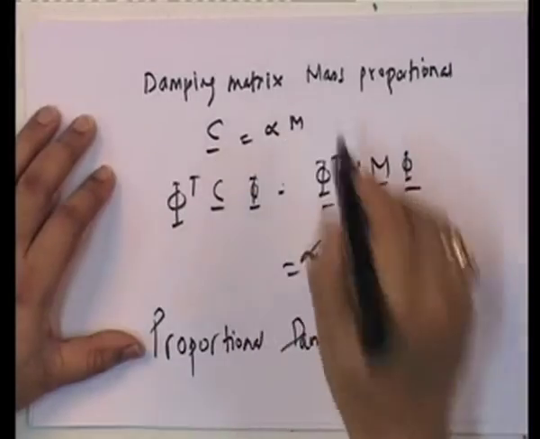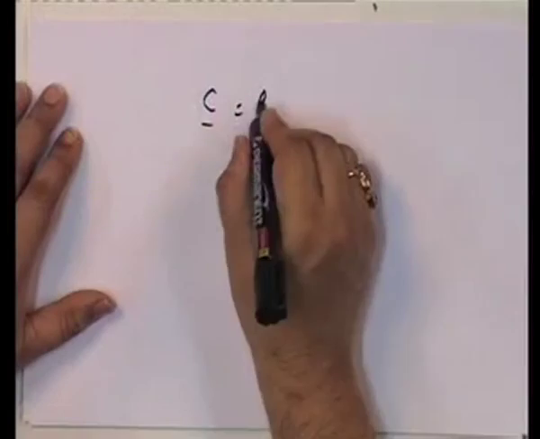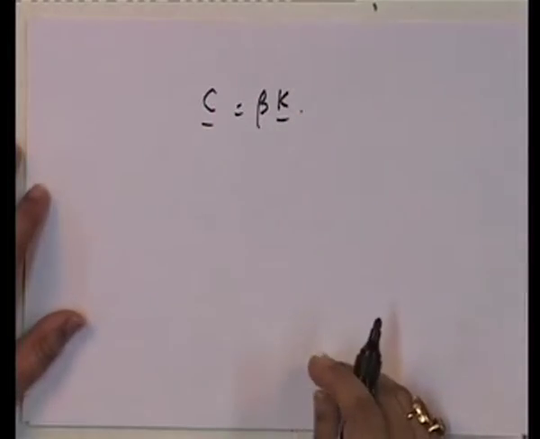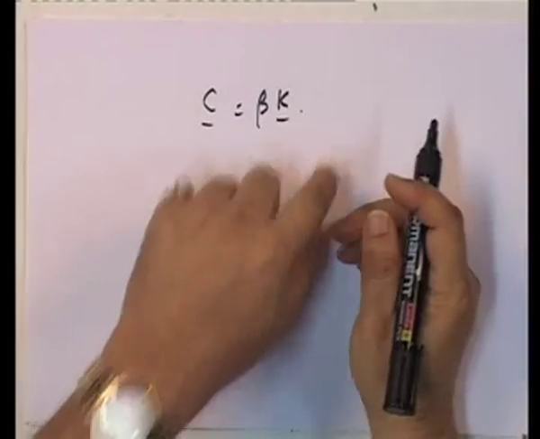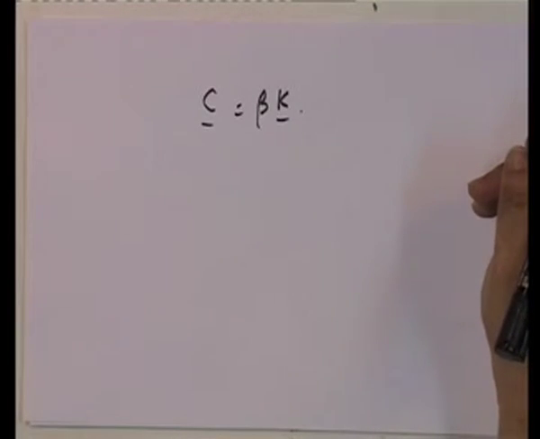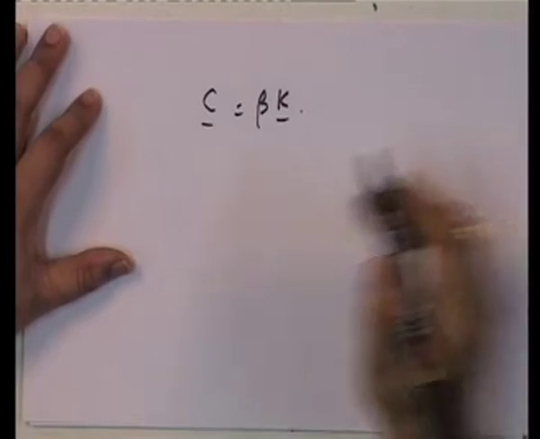Now note that similarly, suppose the C matrix is stiffness proportional. You can again do this, as you substitute, you will get phi transpose K phi, which you know is uncoupled.